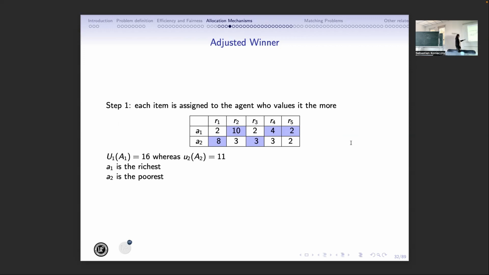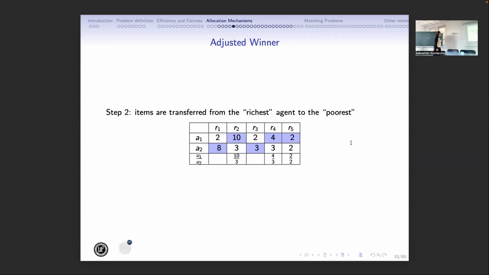We will transfer resources from the first agent to the second agent as we want to obtain an equitable and envy-free allocation. To transfer these resources, we compute the ratio between the utility of the first agent and the utility of the second agent.